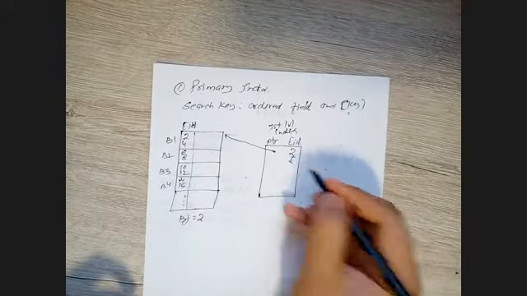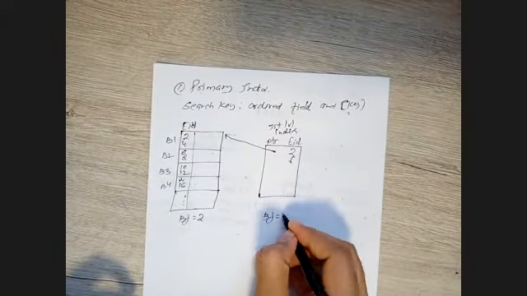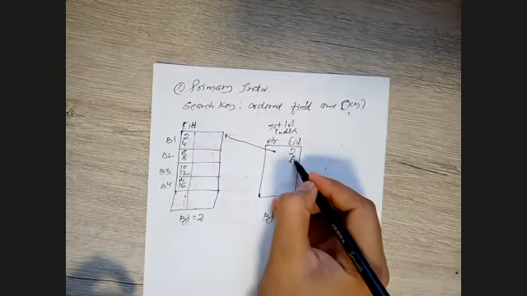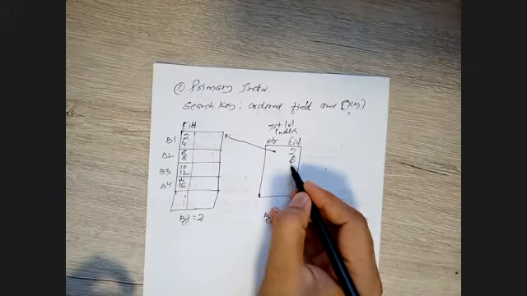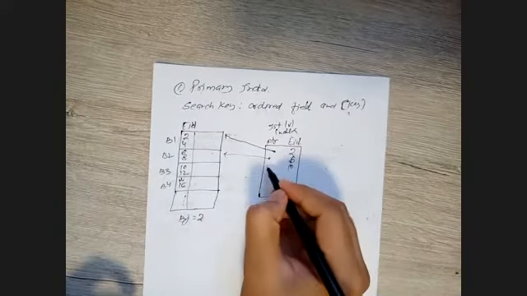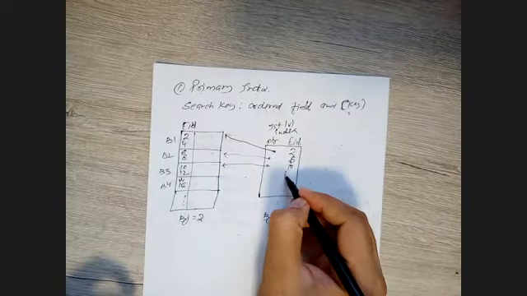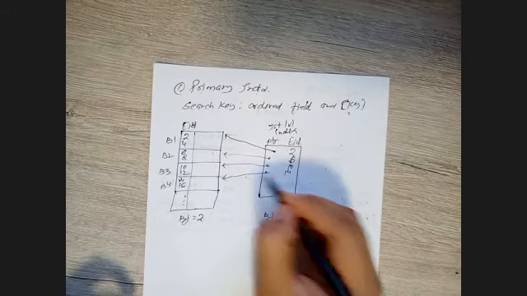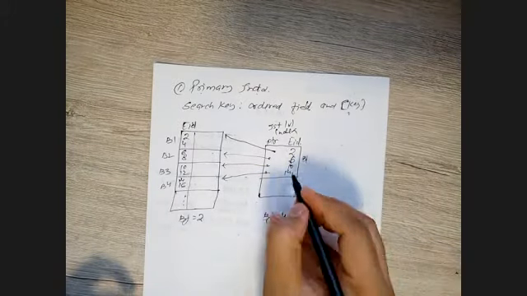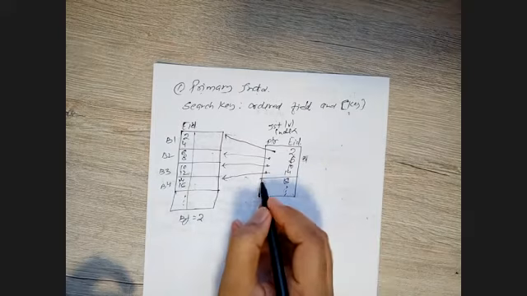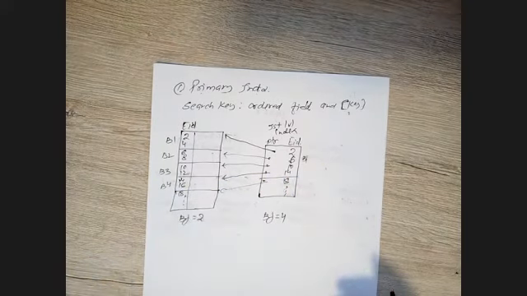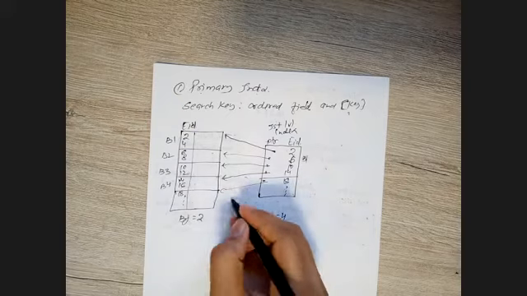Let's say the block factor for this is 4, meaning four records can be kept in a single block. The second is 6, then we have 10, and then 14. That is one block. Then we have 18 and so on. We can continue. So this is what the primary index is.